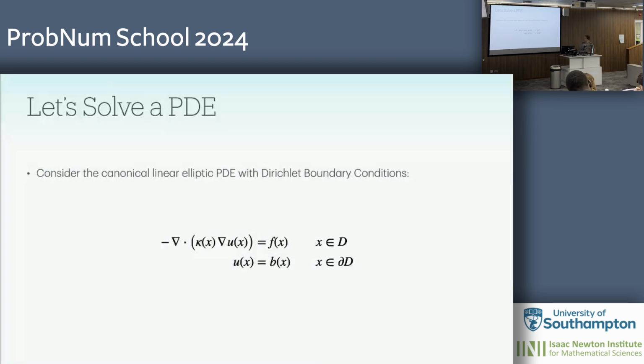So let's start by writing down a PDE that we might be interested in solving. This is a PDE that's often called Darcy flow. Basically it describes the steady state flow of a fluid through a medium. So the unknown function here, u of x, we could think of as being like the concentration of the fluid or the pressure of the fluid at every point in the domain.